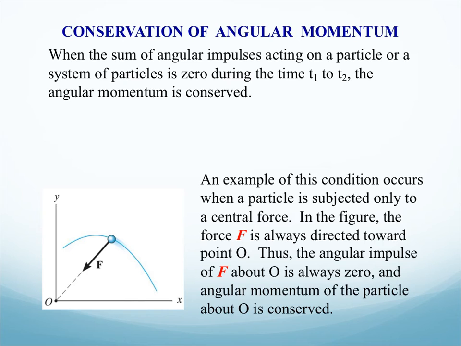If the sum of the moments is equal to 0, then delta H is equal to 0, and H1 is equal to H2. All these things are vectors. This is conservation of angular momentum.